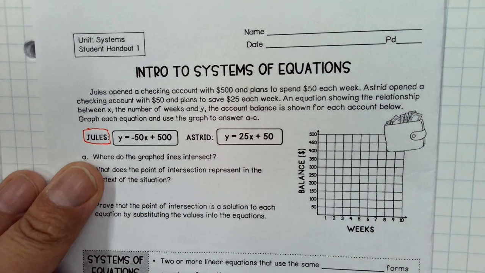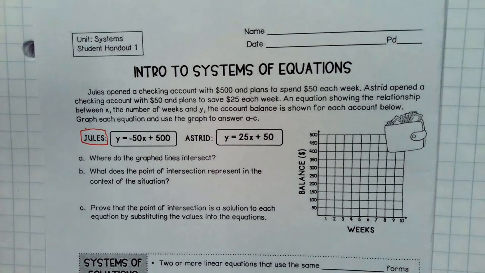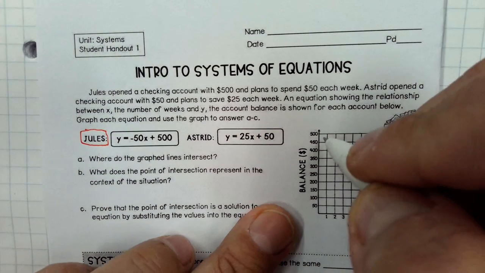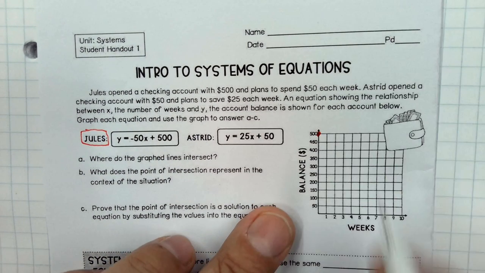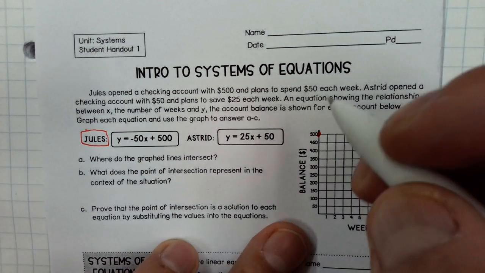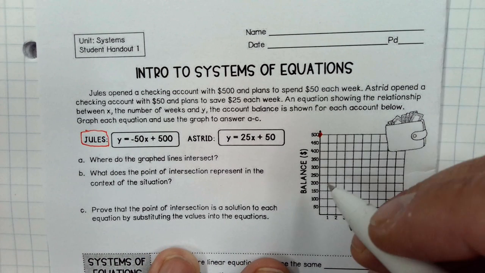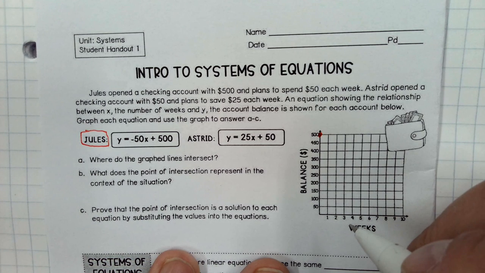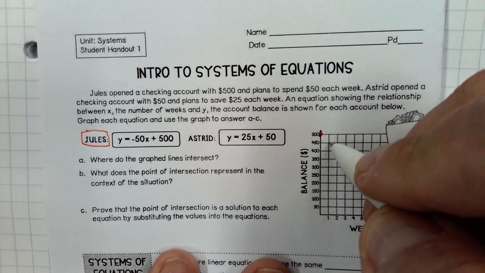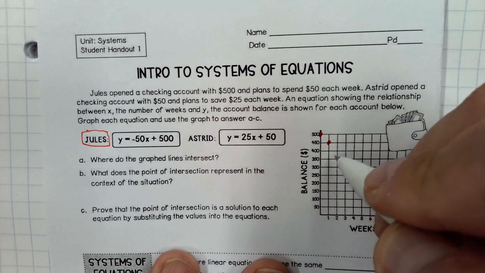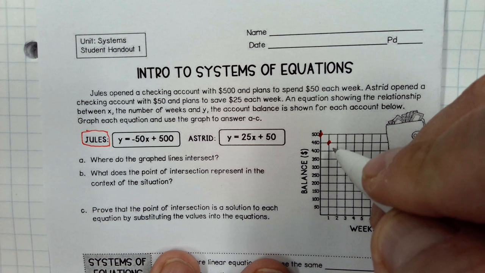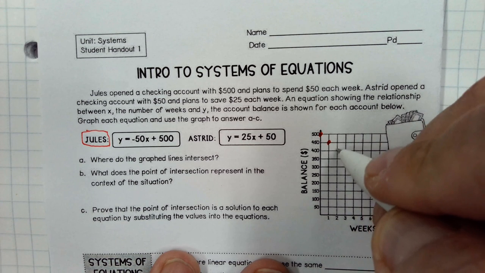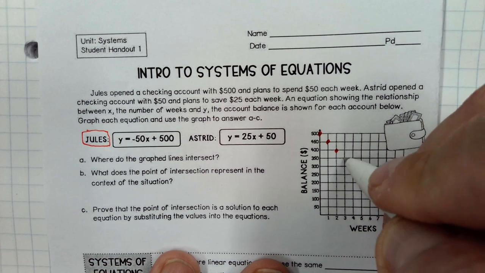How much does Jules start off with? $500. So that's here. And every week she's going to spend $50. So I'll just go down 50 over 1, down 50 over 1.